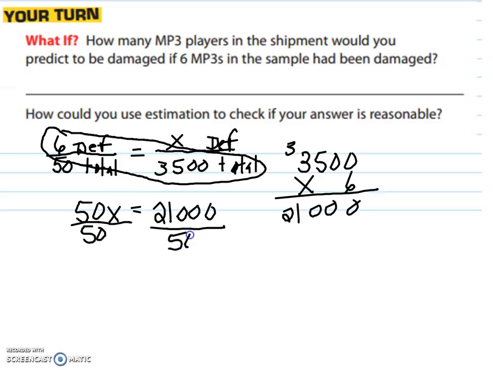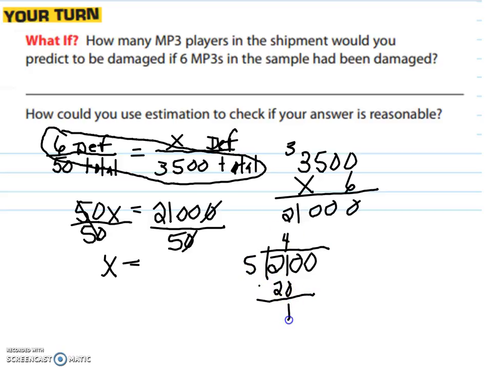The left side's going to cancel out. So 2,100 divided by 5 goes in there 4 times. 2 times. And 0 times. So we have 420 damaged.